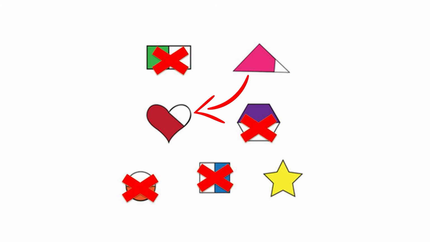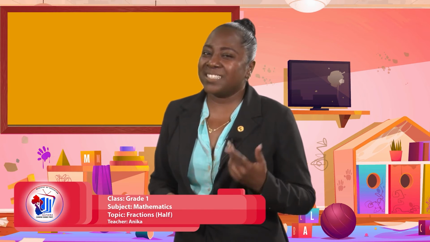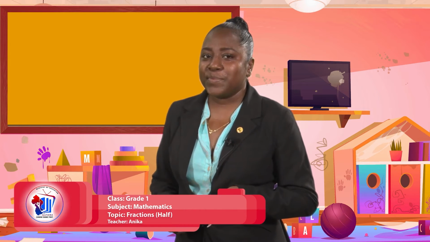The heart was not divided into two equal parts, so that's not showing half. Then when you look at the triangle, just the end is not shaded, so that was not shaded equally. I hope you had this correct because that was pretty easy.